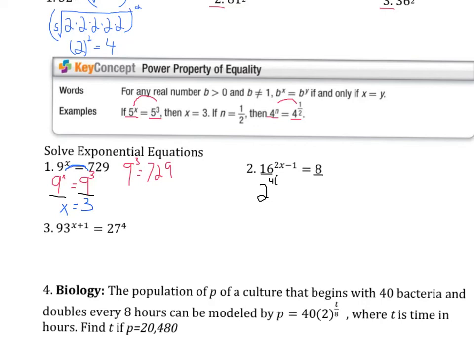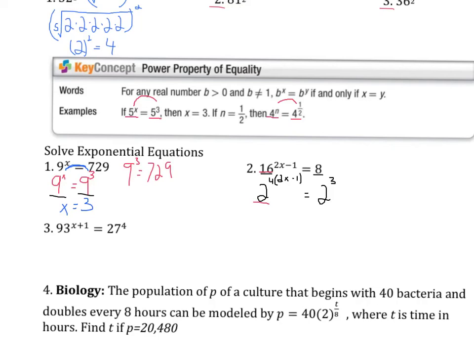But we can't get rid of the exponents that are already there, so 2x minus 1 is still there. Equals, and another way to write 8 is 2 to the third. If we multiplied 2 to the third, we would get 8, and if we multiplied 2 to the fourth, we would get 16.